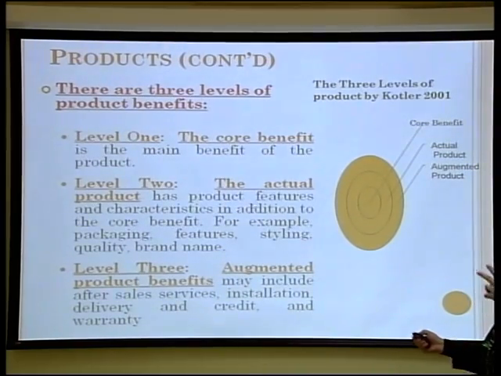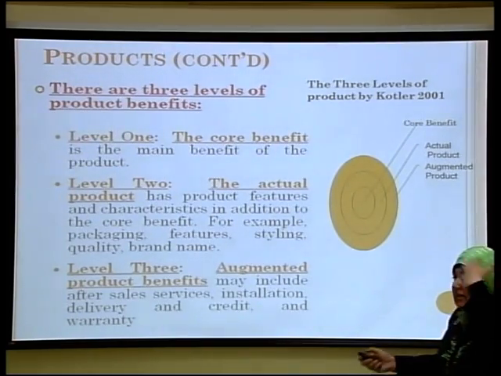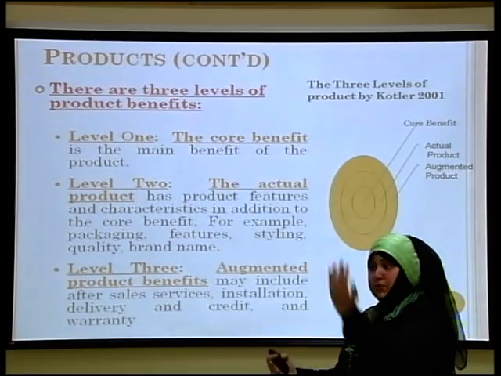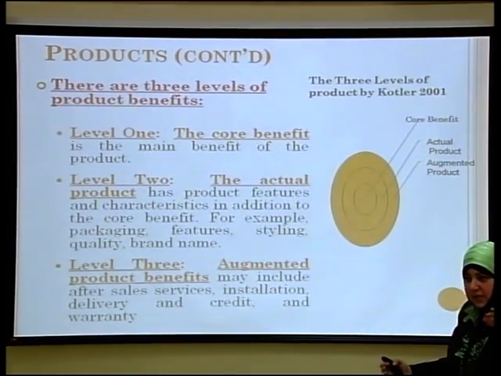In terms of the 2 other levels, the actual product level is about what? The actual product has product features and characteristics in addition to the core benefit. So the features and characteristics you add to the product in addition to the core benefit, this is what we mean by the actual product level of benefits, okay?